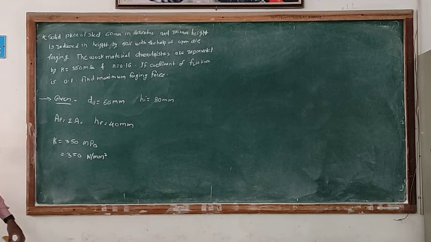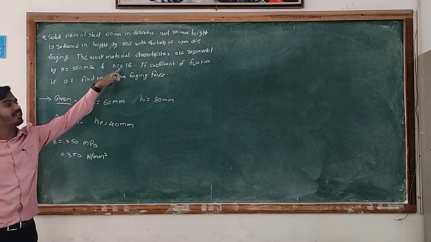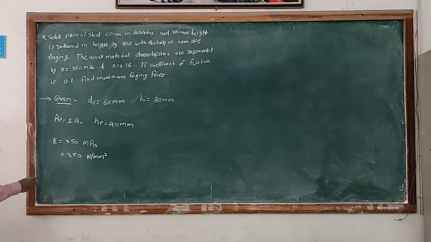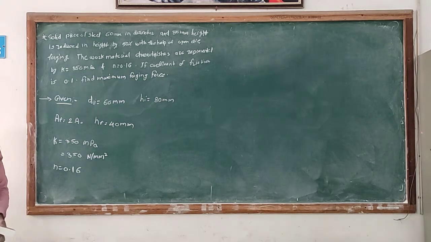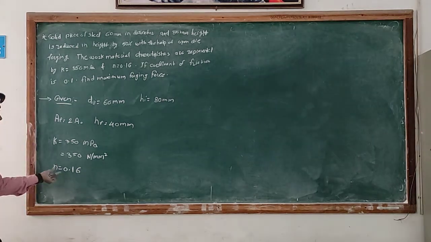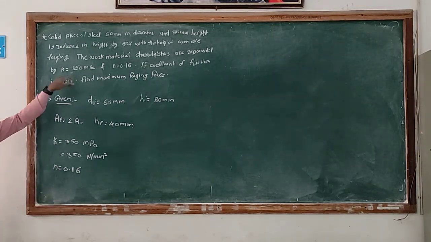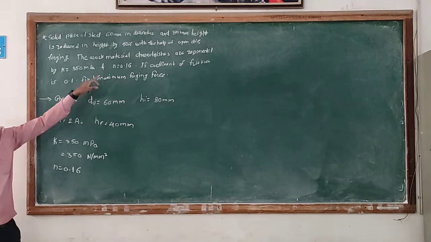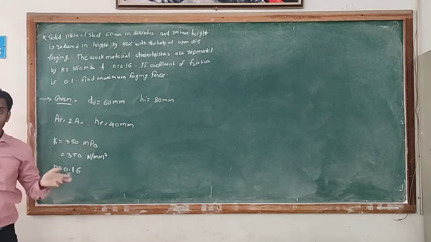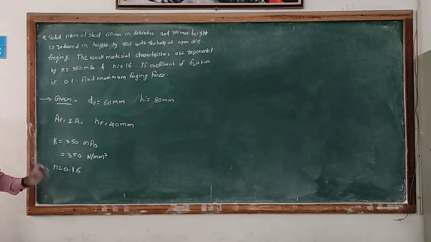Now n is given, and n is equal to 0.16. K is called the strength coefficient and n is called the strain hardening exponent. So these are the values.